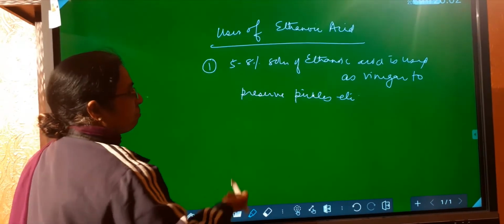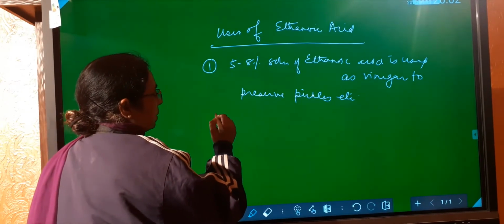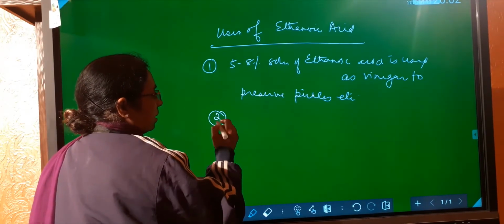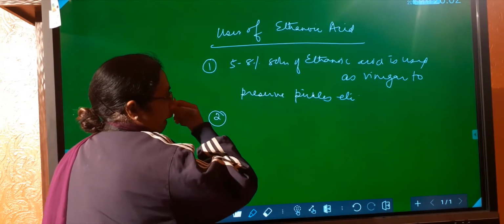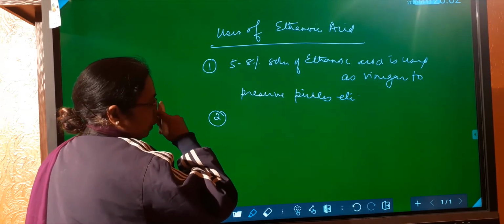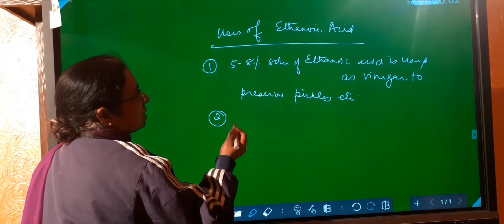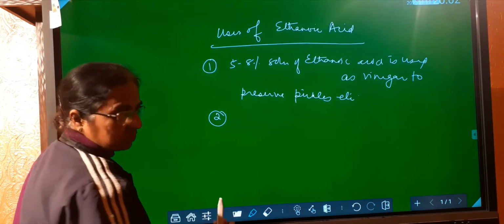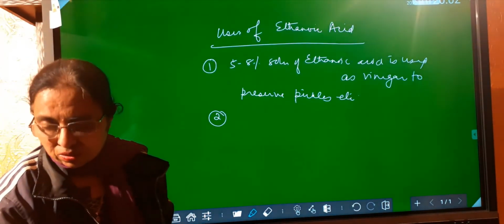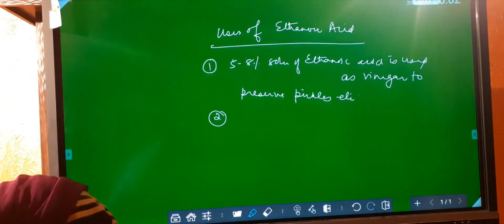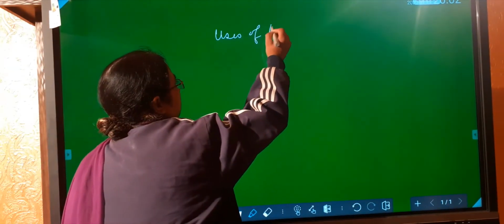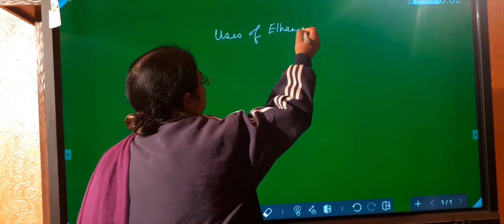Then secondly, acetic acid is used for making vinegar.